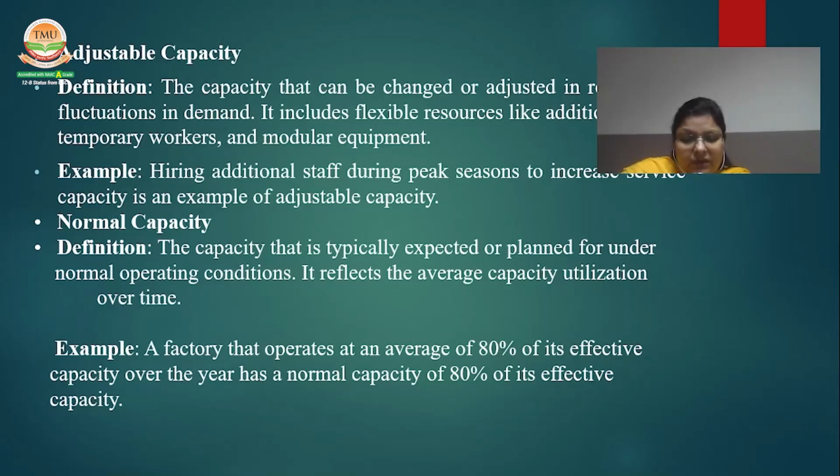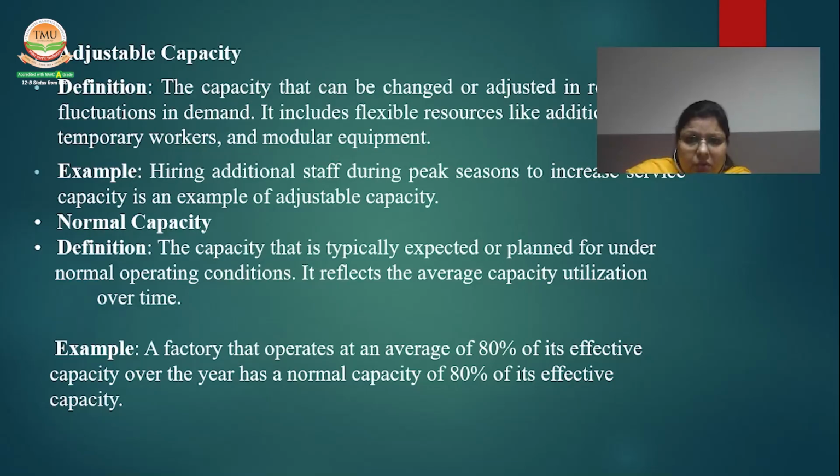Just take an example of one week. On Monday you are producing 100 units, but on Tuesday your production is a little lesser, it becomes 90 units. Next day your production is again 100 units, and on Thursday your production goes down to 80.